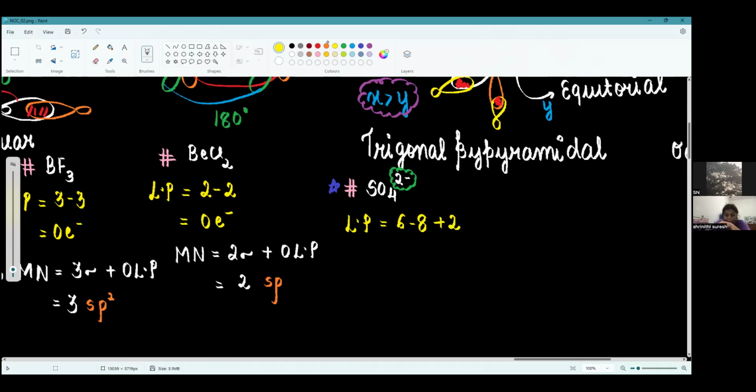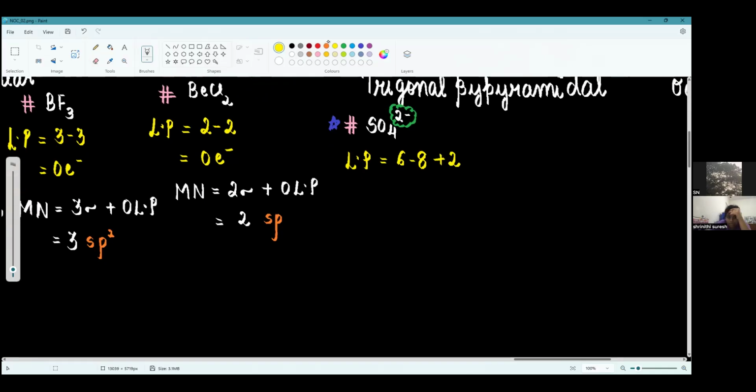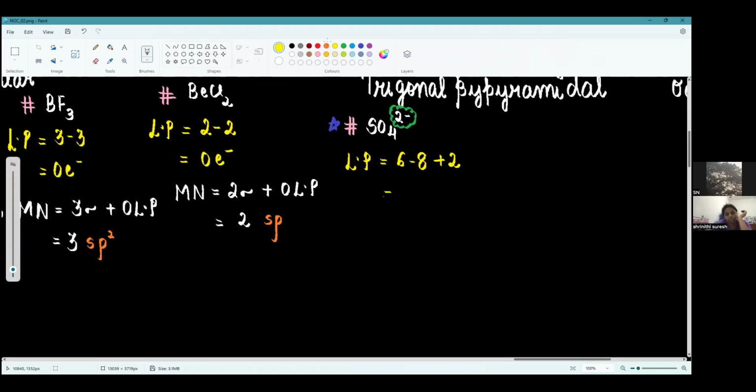If you have a negative charge, you have to add the electrons. If you have a positive charge, you have to subtract in the lone pair of electrons. Since it is a negative sign, you will add 2 electrons because -2 is the charge. So how much does the lone pair become? 0, right?